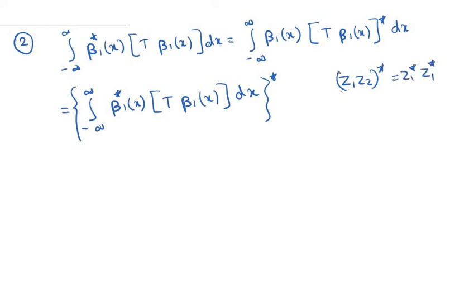So the complex conjugate of the product z1 z2 is equal to the product of the complex conjugate of z1 times the complex conjugate of z2. This is what we have done here to go from this step to this step.